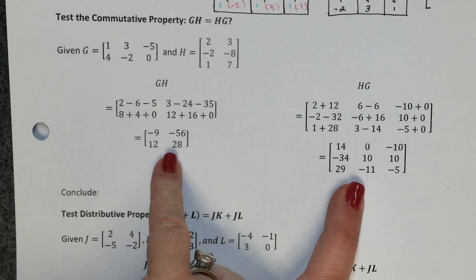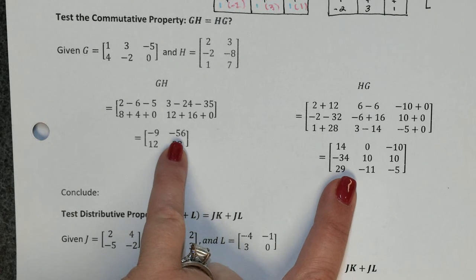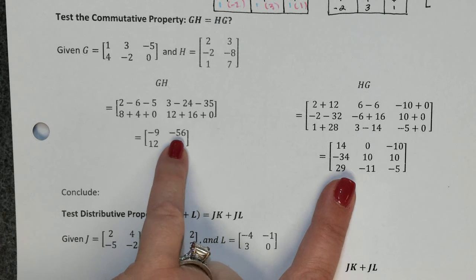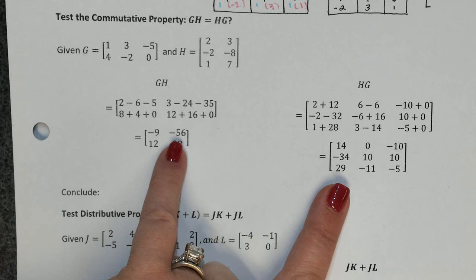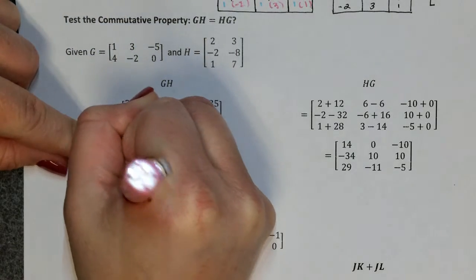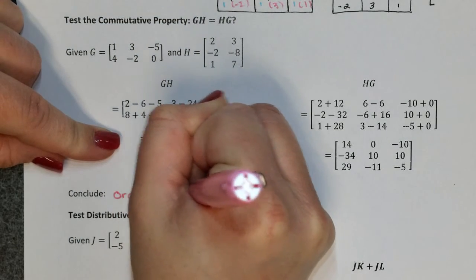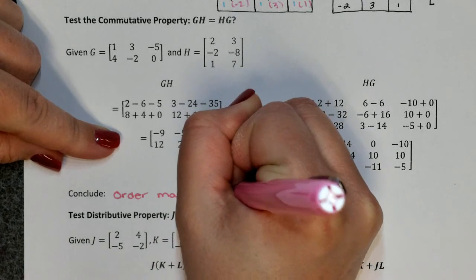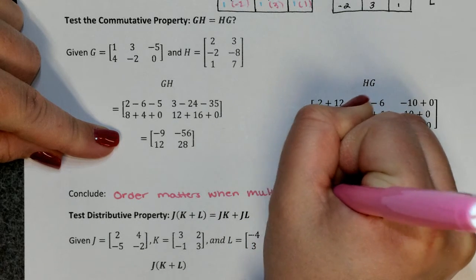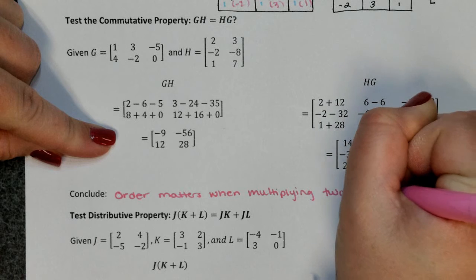Do you get the same thing if you multiply in a different order? Are these the same matrix? No, they're not even the same size. And sometimes, which we did learn when we did our notes the other day, you'll be able to multiply it one way, but you won't be able to multiply it the other way. So you cannot change the order of matrix multiplication. What we can conclude is that order matters when multiplying two matrices.